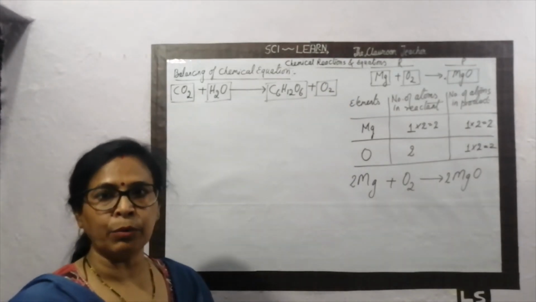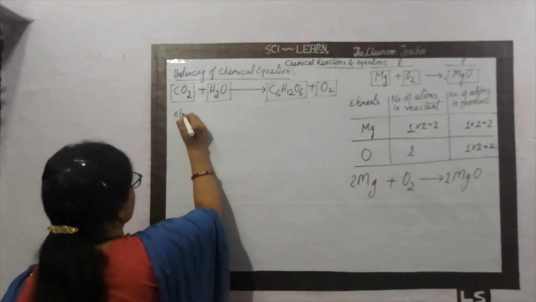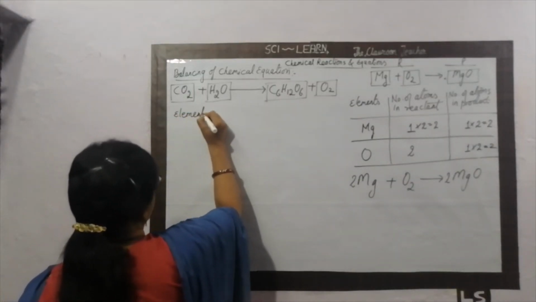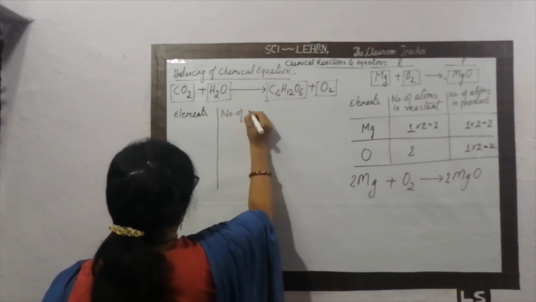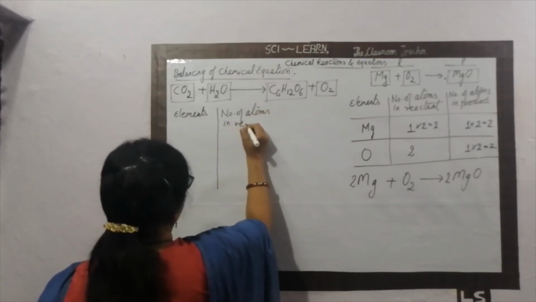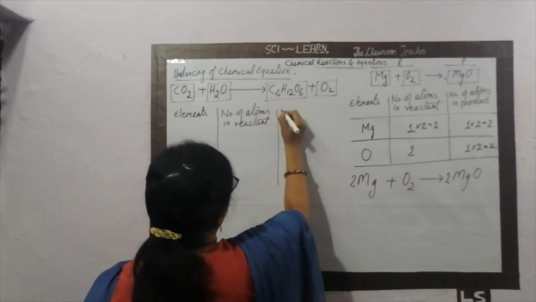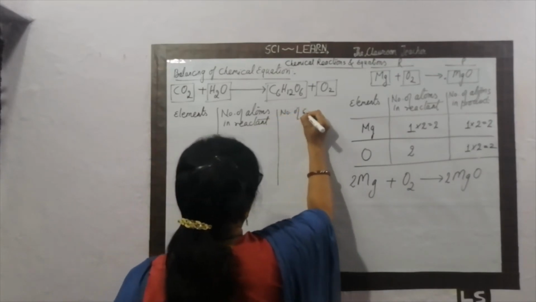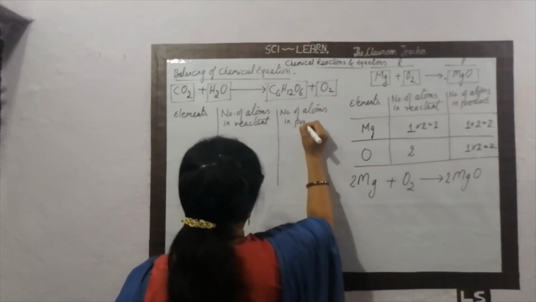What is the second step? You have to make a list. I am going to make a list. First is the elements. Second, number of atoms in reactant. Third, number of atoms in product.